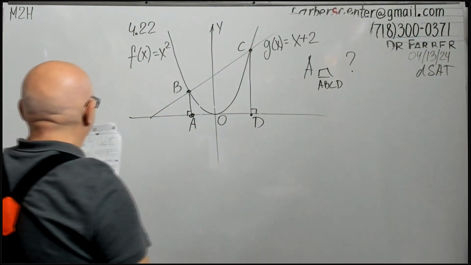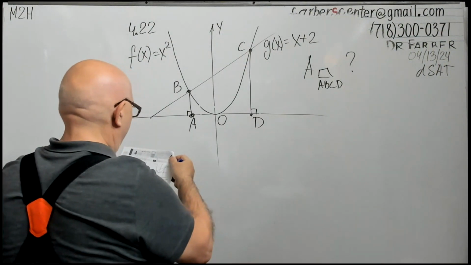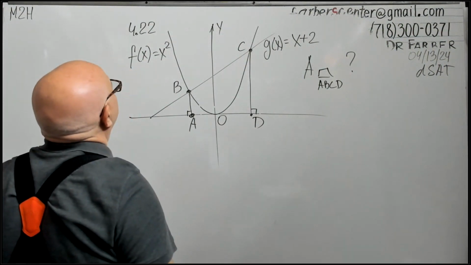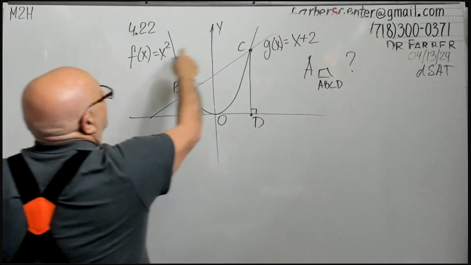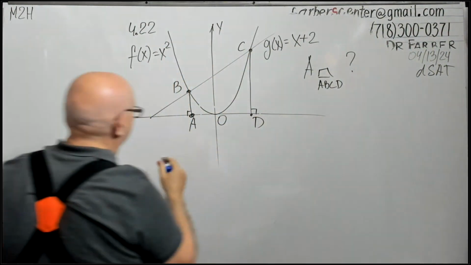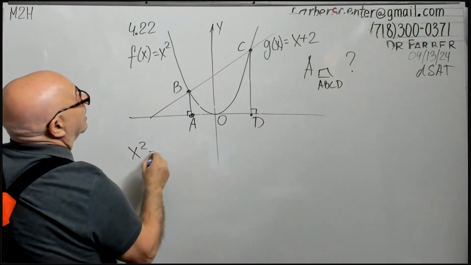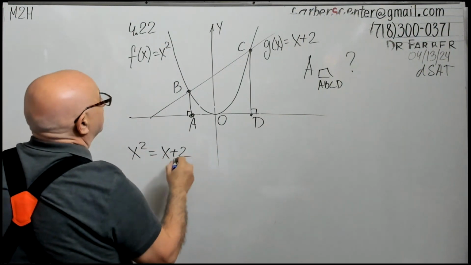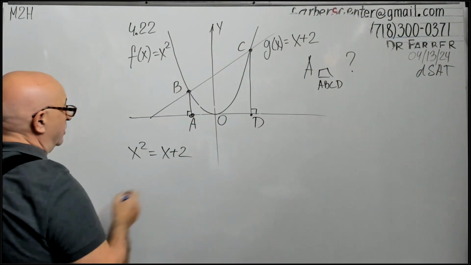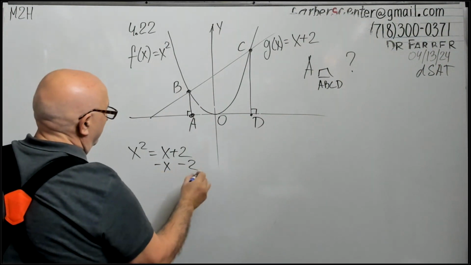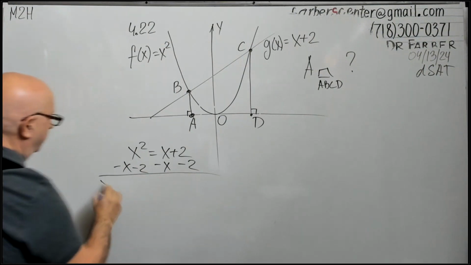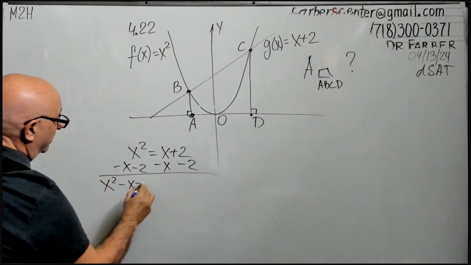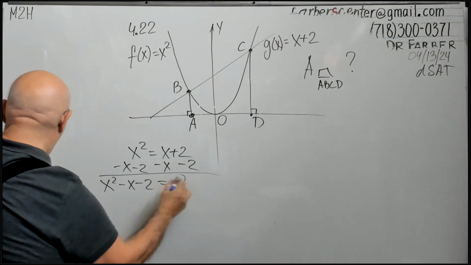Now look at this. First of all, you can find these points of intersection. So they have common points. You can write step number 1. X squared equals X plus 2 because they have the same values. Or, normalizing, X squared minus X minus 2 equals 0.